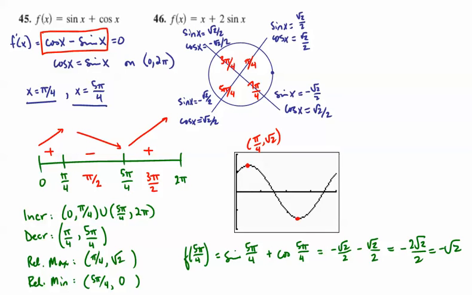And so that appears to be correct there. So I will fix that, and now we have the minimum at 5 pi over 4 and negative square root of 2.